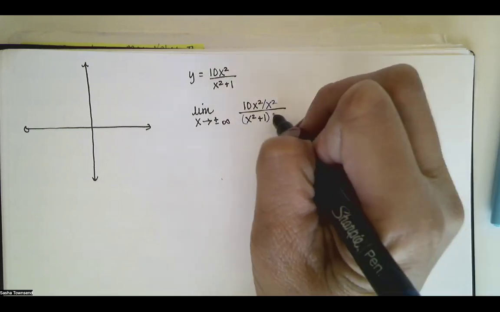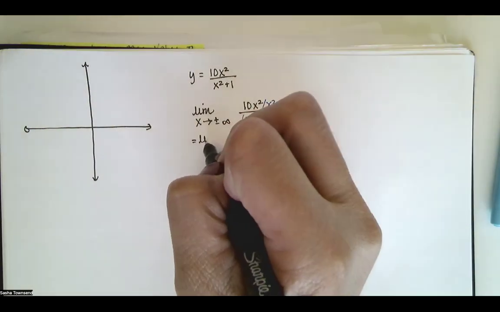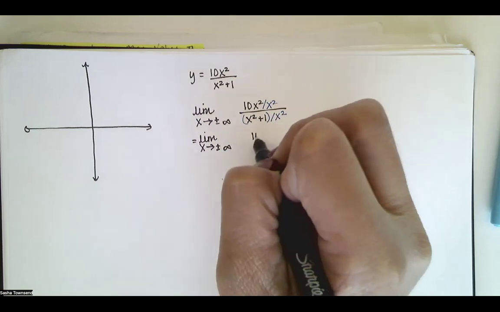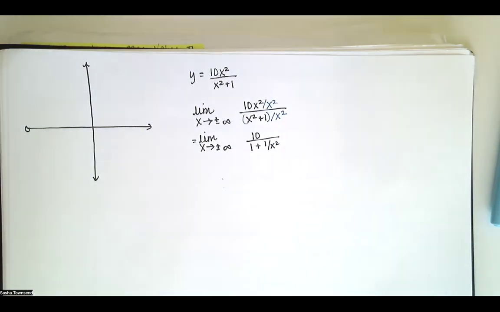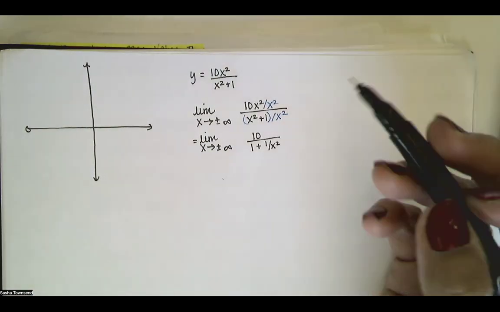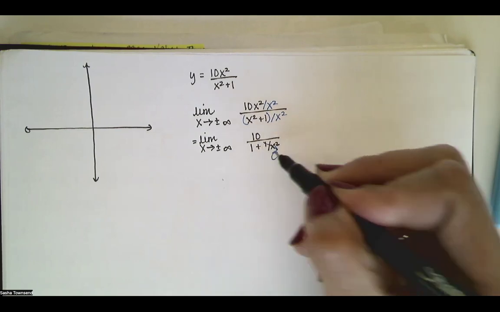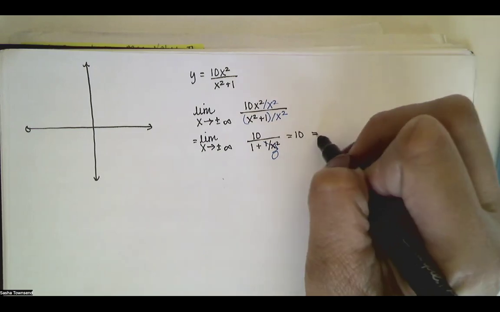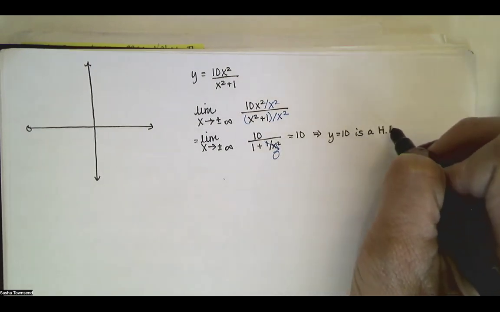But if we divide the numerator and denominator by x squared, we can get rid of that indeterminate form, and we end up with 10 divided by 1 plus 1 over x squared. And now it's not an indeterminate form anymore. The numerator is just approaching 10, and the denominator is approaching 1 plus something going to 0, which is 1. So this limit is 10, which tells us that y equals 10 is a horizontal asymptote of the function.